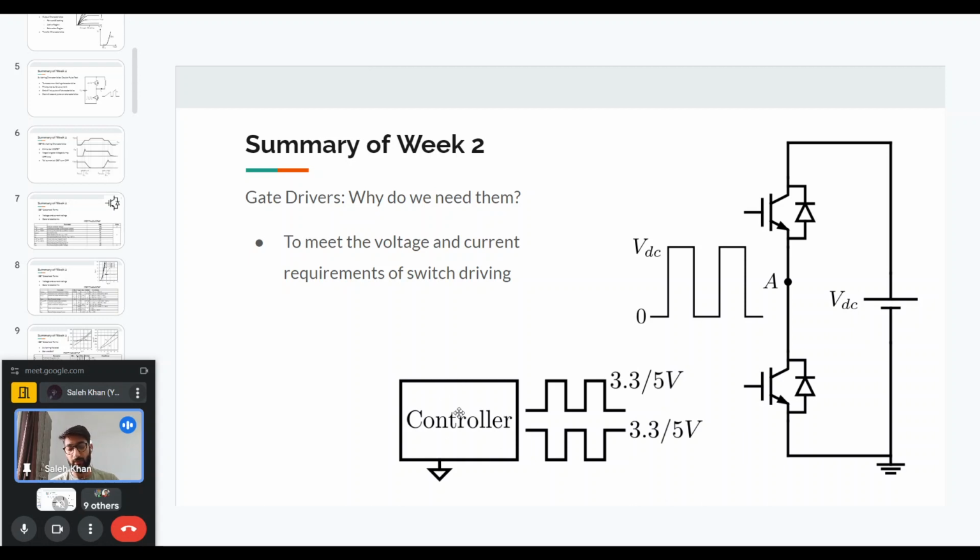They will lose more energy, and it will be a lot of power loss that is not warranted. So that is why we have a gate driver between the controller and our switch that takes care of these voltage and current requirements and some other features that it provides, as we'll see.